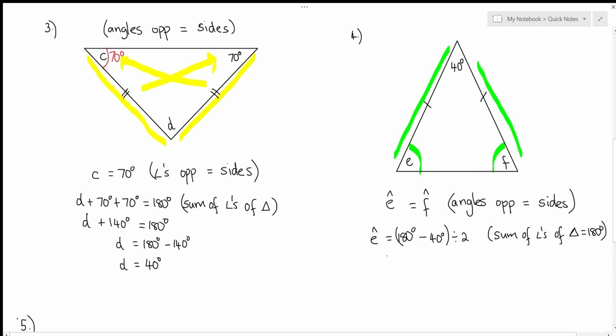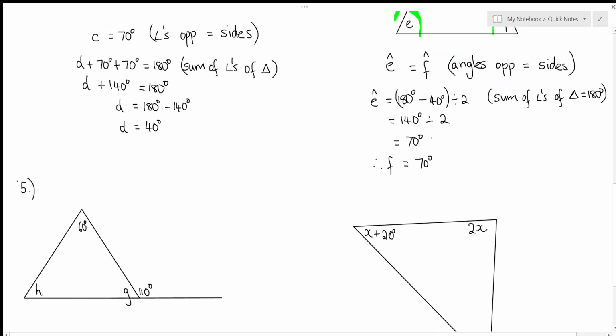So E is equal to 140 divided by 2, and that would give me 70 degrees. So here we've got angle E is equal to 70, therefore angle F is equal to 70 degrees, and we've explained it in the first one.